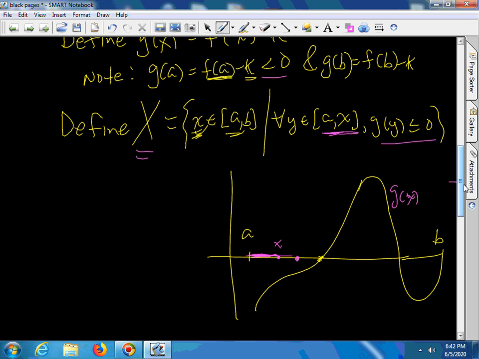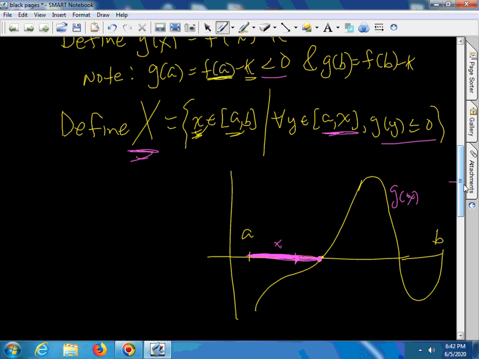Why? Because g of all of these values up to here are less than or equal to 0. In fact, that's an x value. That's in capital X. Why? Because g of all of these numbers are less than or equal to 0.